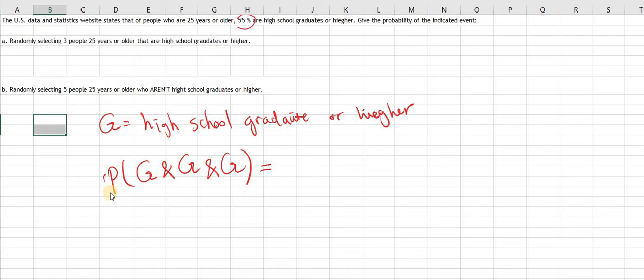Since we are given a probability in this question, we don't need to think about the independency. The probability of selecting a high school graduate or higher is 0.55 or 55%.